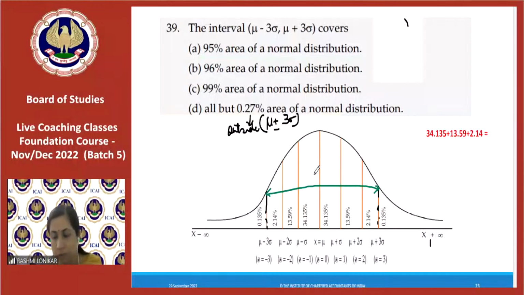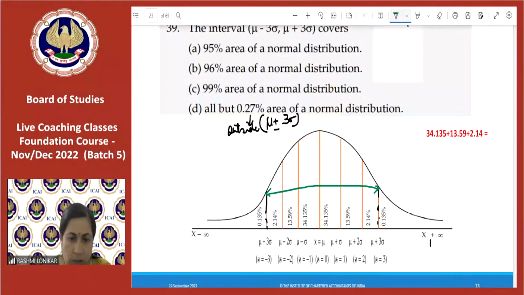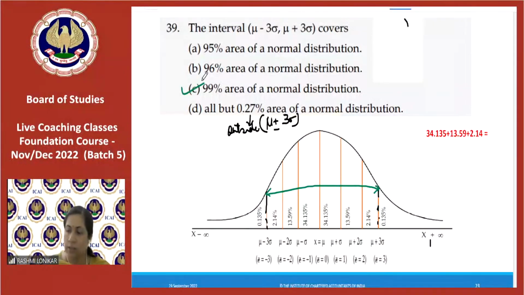That is 49.85, which is only half of it, so into 2, that is 99.79. So the interval gives you 99.79. This is the closest answer that we have. Is that clear? I'm going very slowly for you to be able to understand this completely.